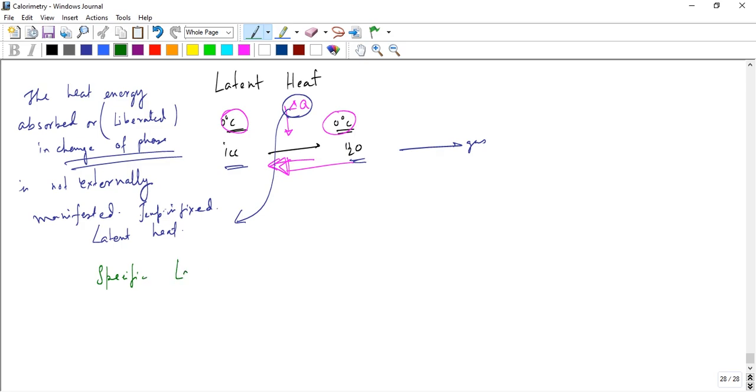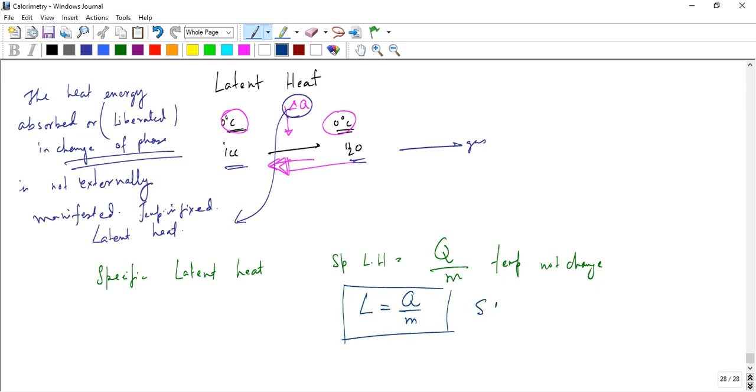Specific latent heat is the heat absorbed or released by a mass where temperature does not change, only the phase changes. That means L equals Q by M.